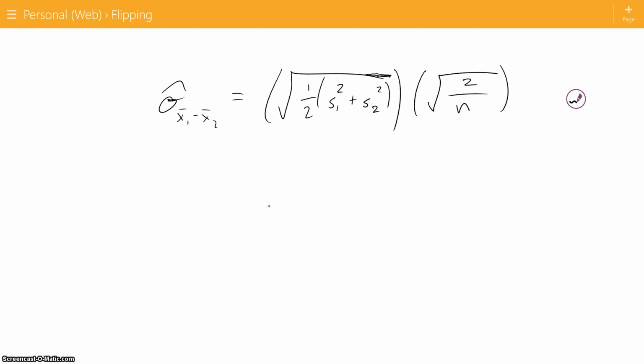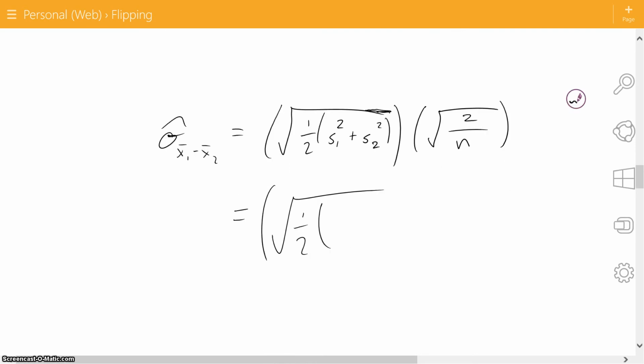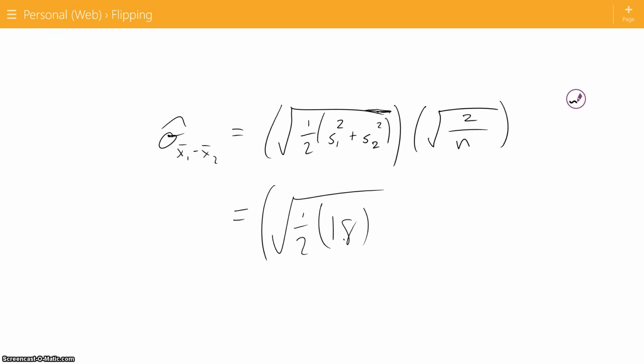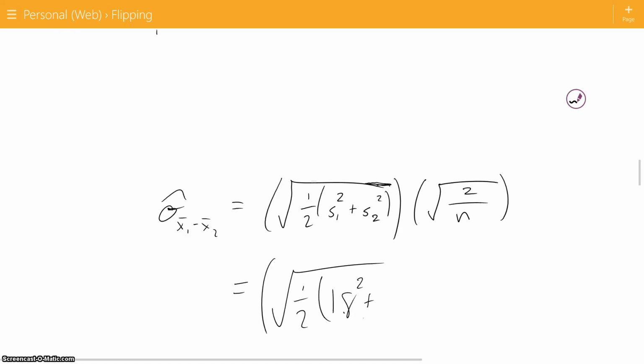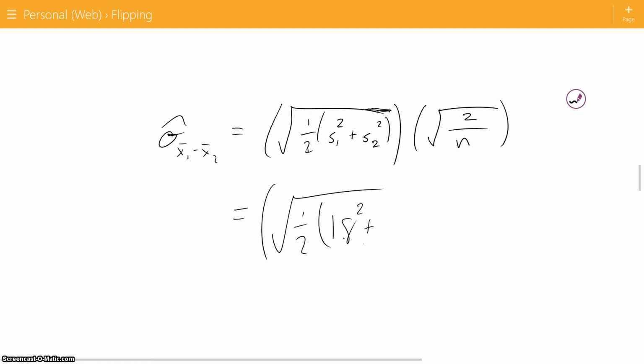So I'm going to start plugging in here. This is equal to, I said that I had a standard deviation for my first group of 1.8. So that's going to be 1.8 squared plus, for my second group, that was 2.1, so 2.1 squared.